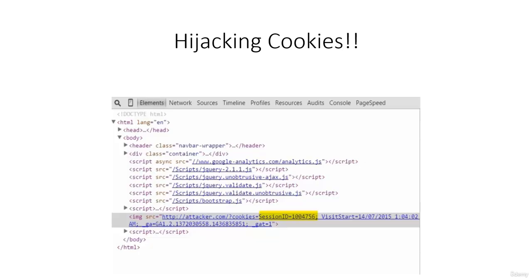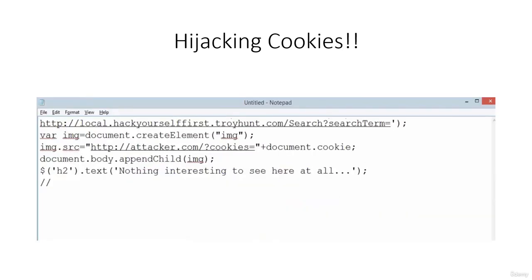Then let me show you how the attacker can use the session. So the attacker hijacks the session, and we'll come back to that, and we will look at the mechanism of how the attack actually worked. Let's look at the URL that you previously saw on Twitter, and here's what happened.